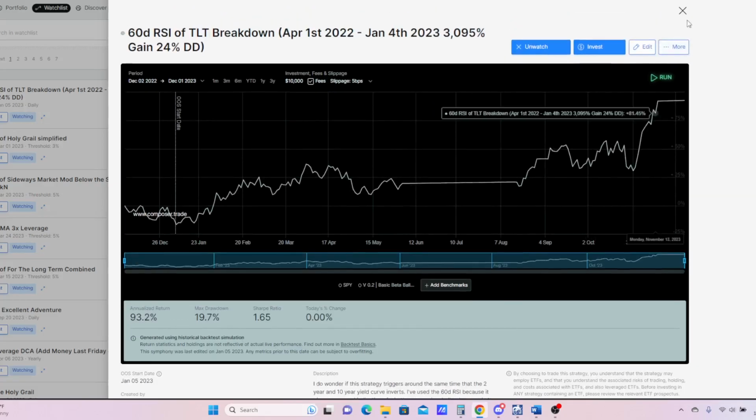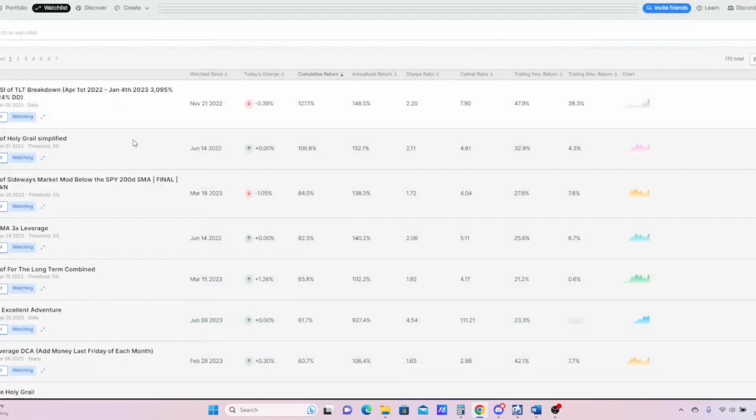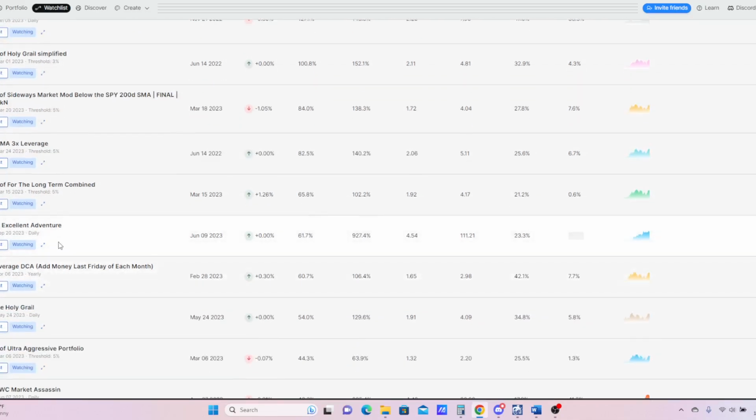But there's plenty out there. Most of them are trend following. Like this is trend following. That's 100%, 84%. This is just TQQQ for the long term. It used to have a different name. 82%, 65%. These are all trend following. Elon's Excellent Adventure is just a specific version of What More Do You Need?